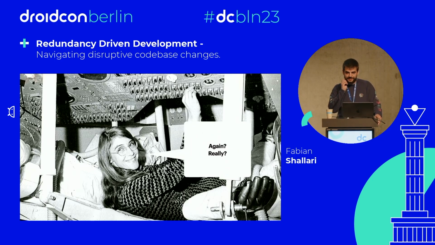Just keep in mind that this pushback has been there since the beginning, when Margaret was working on this computer. And when she claimed that people working on software were software engineers, people laughed in her face. So, all right, so far we have talked about redundancy, what it means for our field, and the fact that redundancy has been part of our discipline since it was first formalized as software engineering.